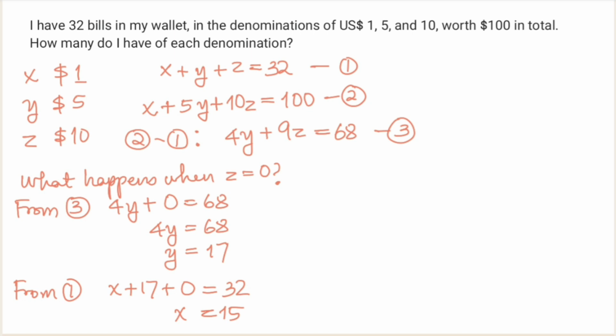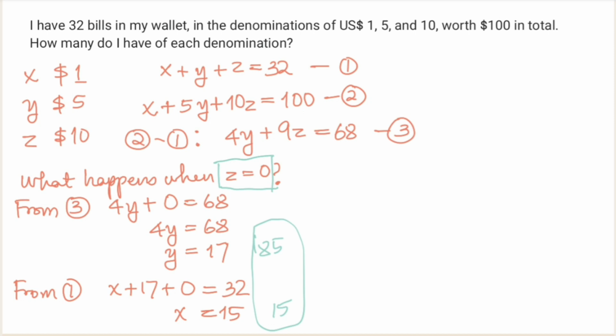And let's check what the total value of that will be. If you have 17 $5 bills, that's going to give you 17 times 5, which is 85. And if you have 15 $1 bills, that's 15. And 85 plus 15 is indeed $100. The only problem with this solution is that it gives us z equals 0.